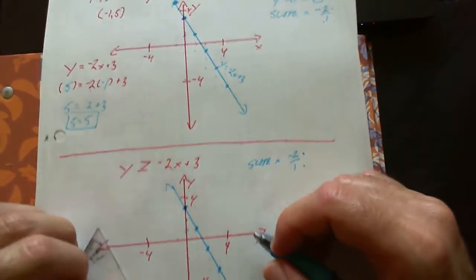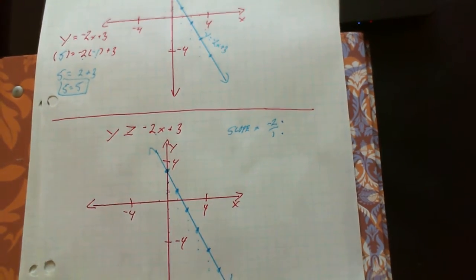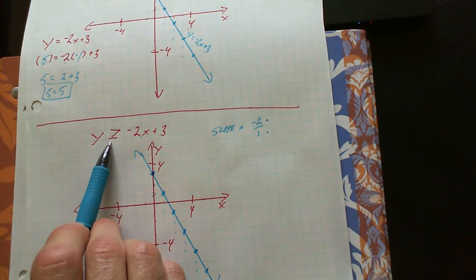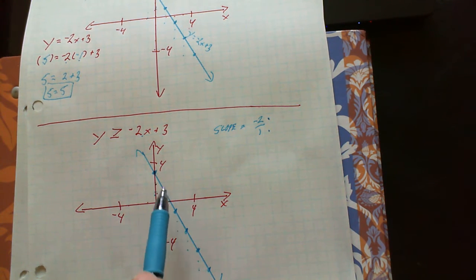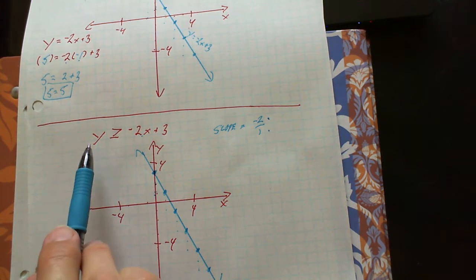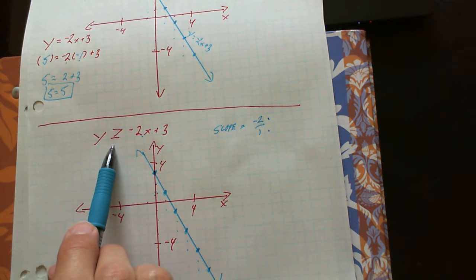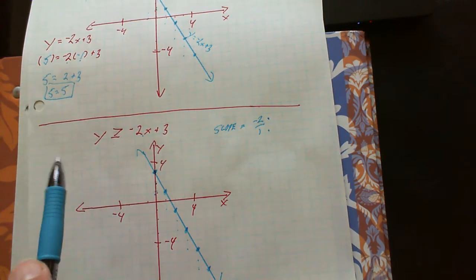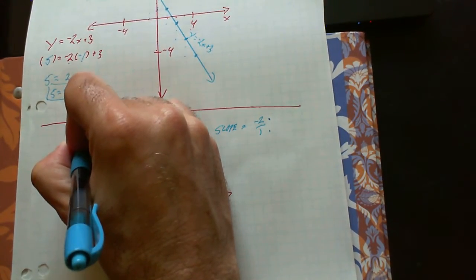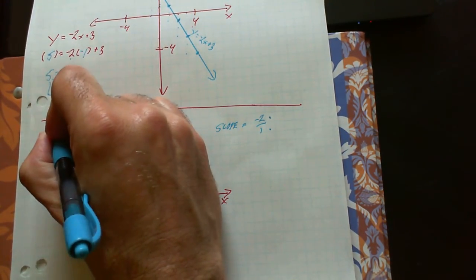Now, here's the question. If we graph it like that, notice that this has a line underneath. That means this is going to be one solid line here, which is what I got. Now think about this. Y is greater than. When you think of y, do you think up and down or left and right?